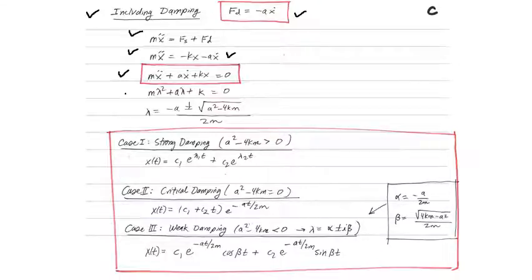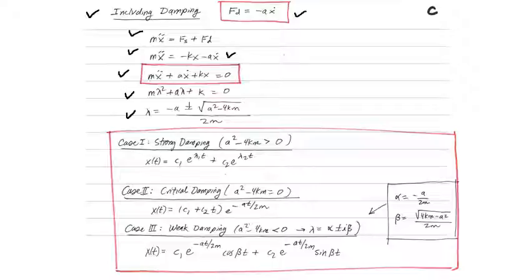For the solution, we proceed in the usual way, find the characteristic equation, which would be that, and the roots of our characteristic equation then, by using the quadratic formula, are given by that expression.